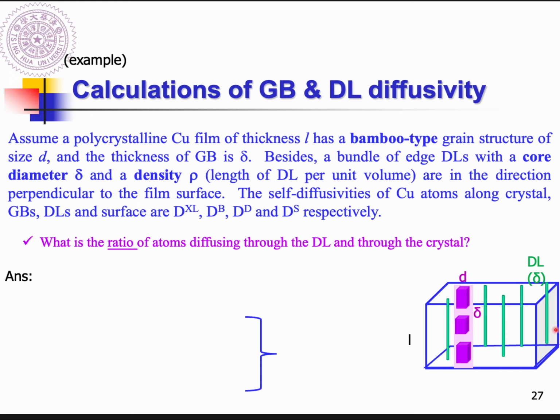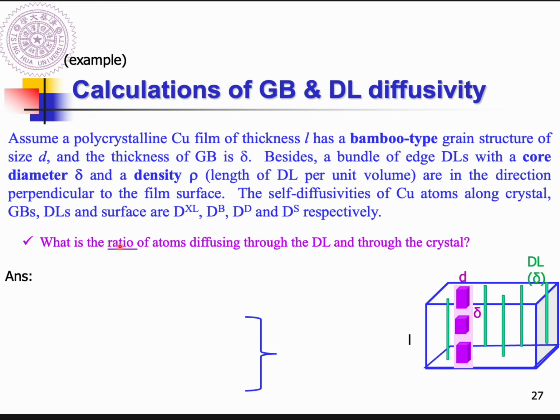Inside these materials you can find grain boundaries, dislocations, and also some surface. So the first question asks for the ratio of atoms diffusing through the dislocation and through the crystal.